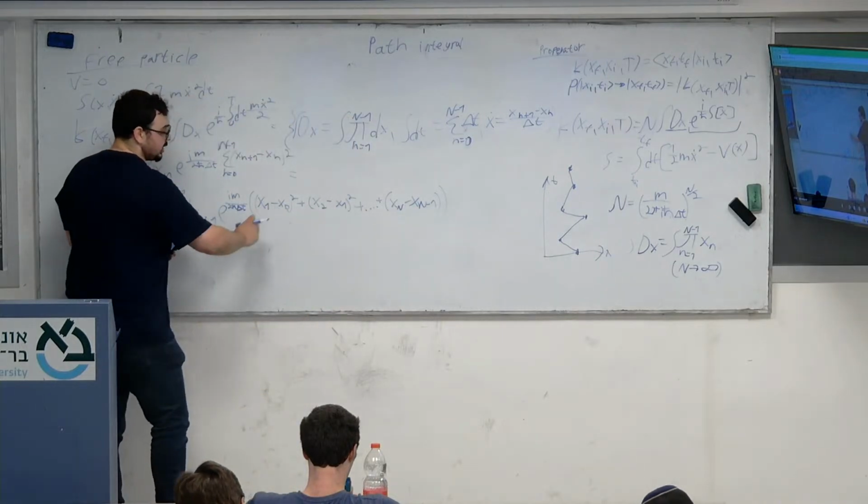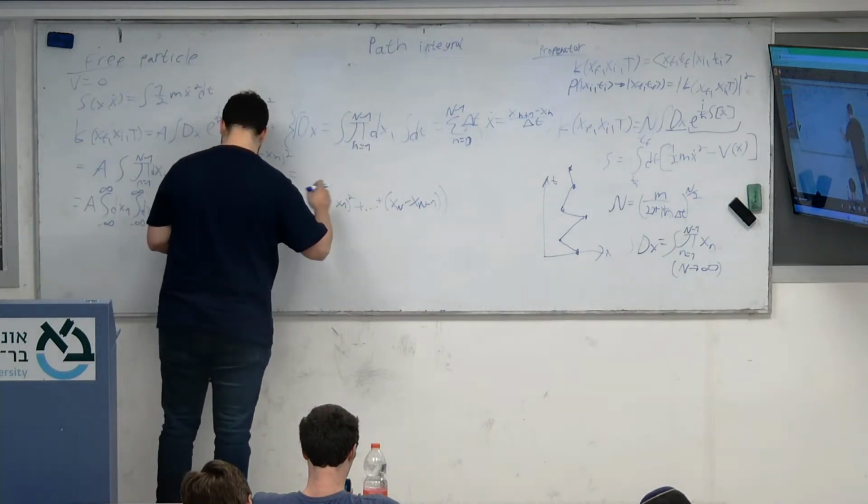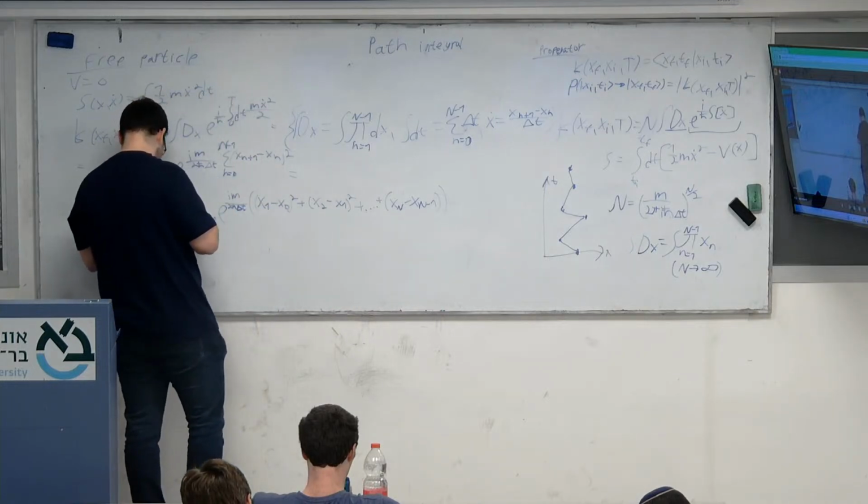Again, reminding you that x0 is our starting point and xn is the finish line.